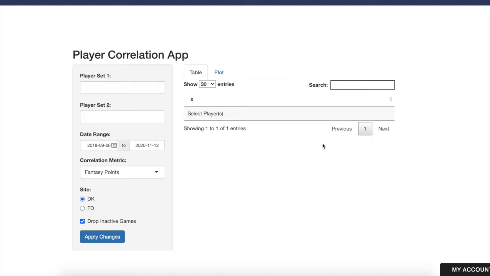And correlation is a good catch-all or general metric for understanding how players relate to one another, both in the direction of their relationship. Does a ceiling performance for player X typically align with a subpar or negative performance for player Y?